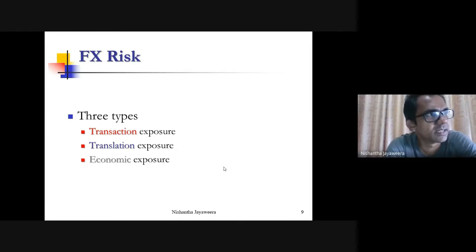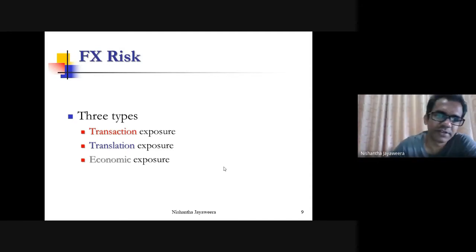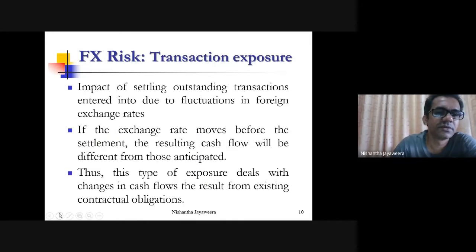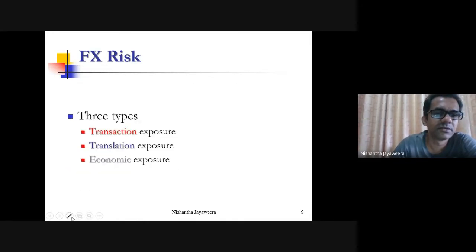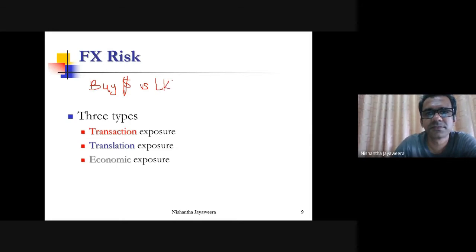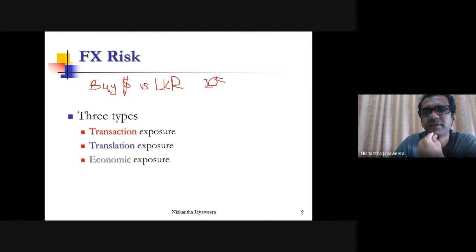Yes, I think that's a more proper answer than the others, because whenever we enter into a foreign exchange transaction, say you enter into a transaction to buy dollars against LKR, there is an agreed rate.